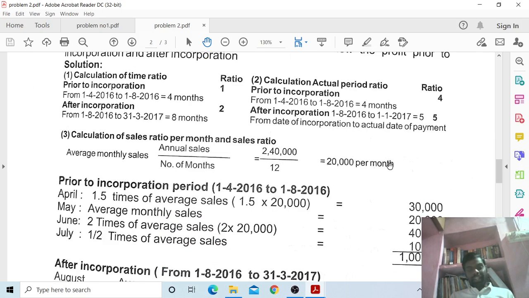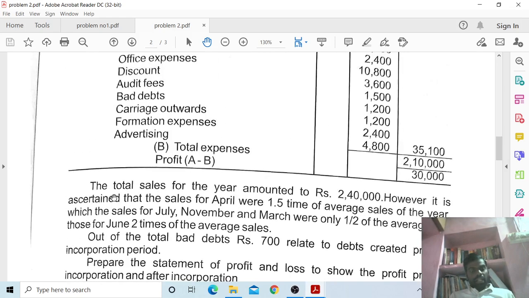For the prior incorporation period, from 1/4/2016 to 1/8/2016, there are 4 months. So 20,000 equals 1.